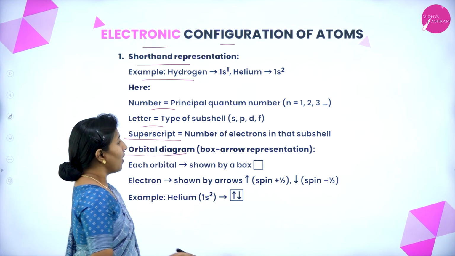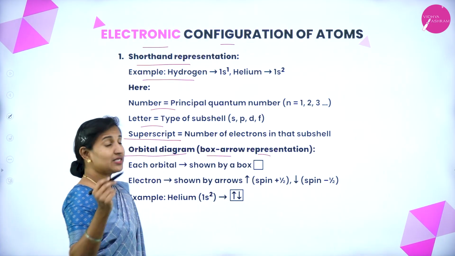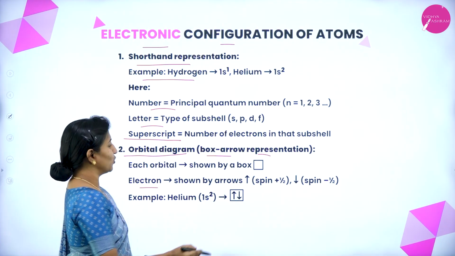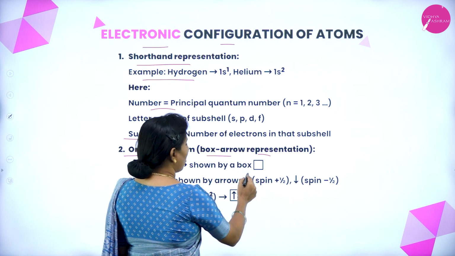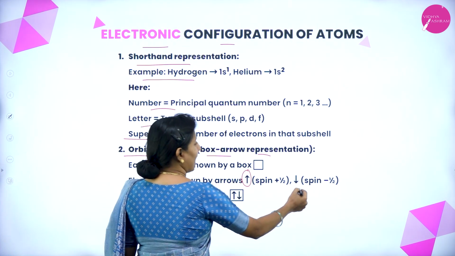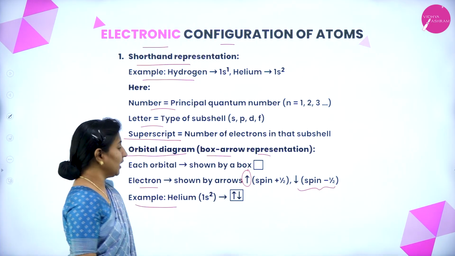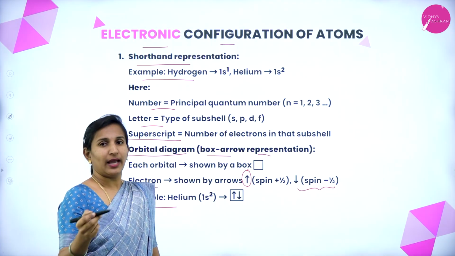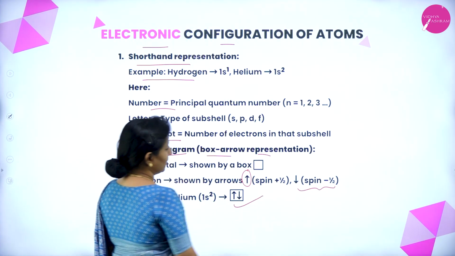Orbital diagram, box and arrow representation. Each orbital is shown by one box, electrons shown by arrows with spin plus half as upward arrow and minus half as downward arrow. Example, helium having 1s2 electronic configuration is represented like this.